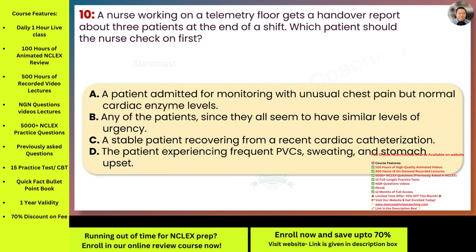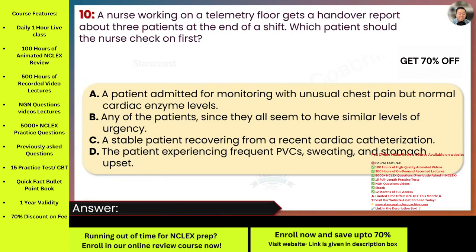So this question challenges your ability to recognize early warning signs of a cardiac emergency. In the NCLEX, prioritization is based on severity, not admission reason or timing. So the correct answer here is letter D. And why is that? Well, the presence of frequent premature ventricular contractions indicates ventricular instability.